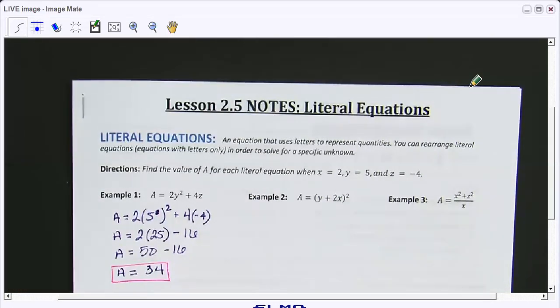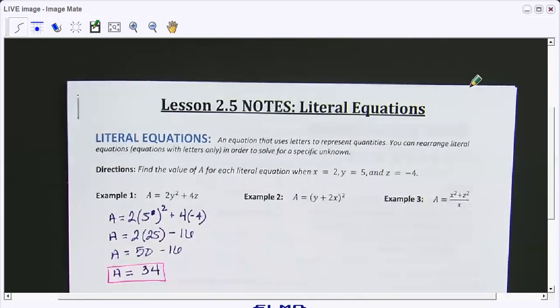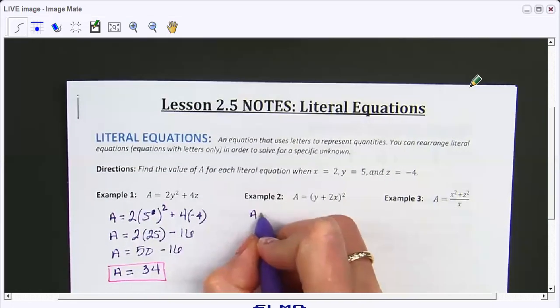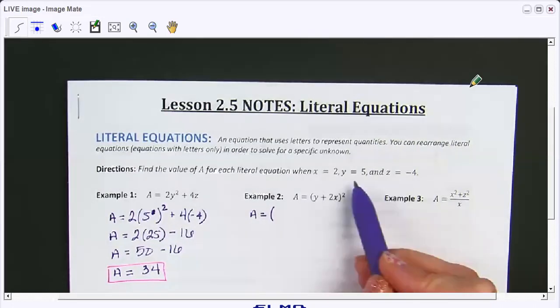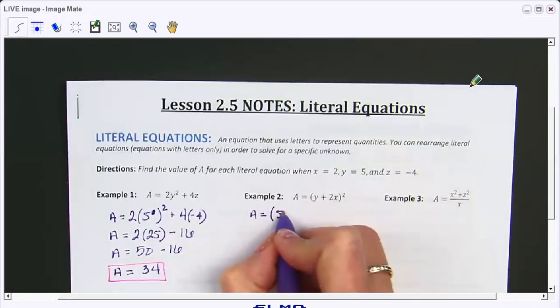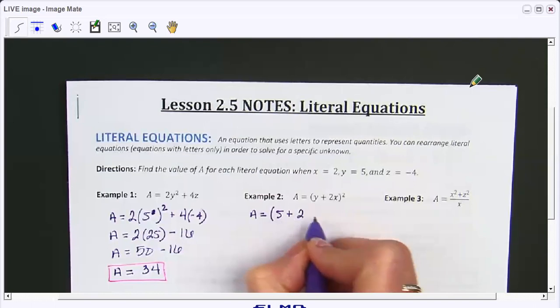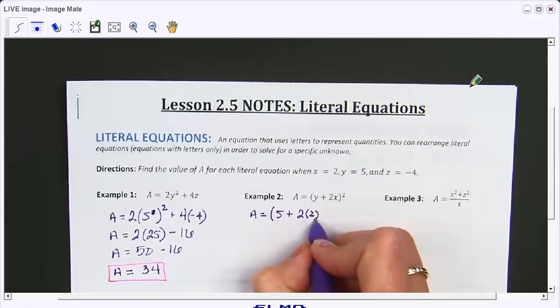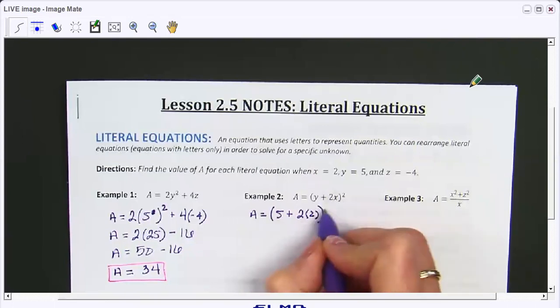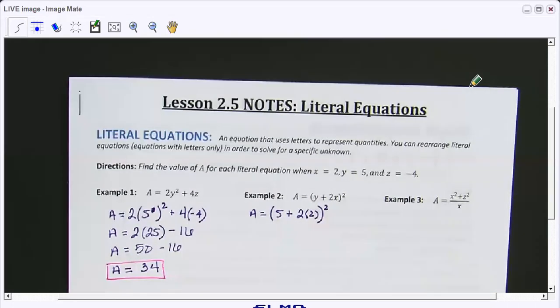All right, let's move on to the next one. We have A equals, and in parentheses, Y, which is 5, plus 2 times X, which is 2. All of that is going to be squared. Okay.